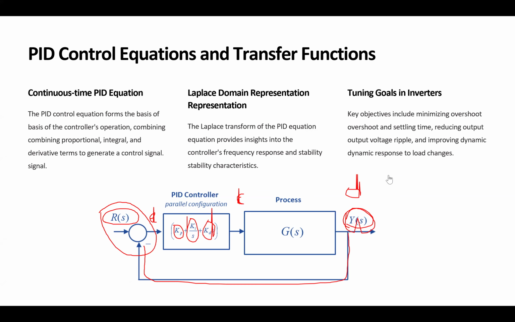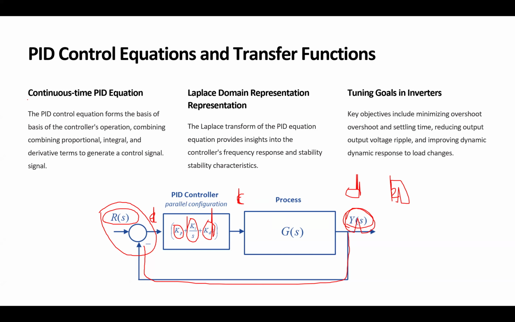That is the new value for your current situation. Then again you calculate the difference between the current situation and your reference. The error comes out, PID works, the correction comes out, you apply the correction, and you have the new current value.